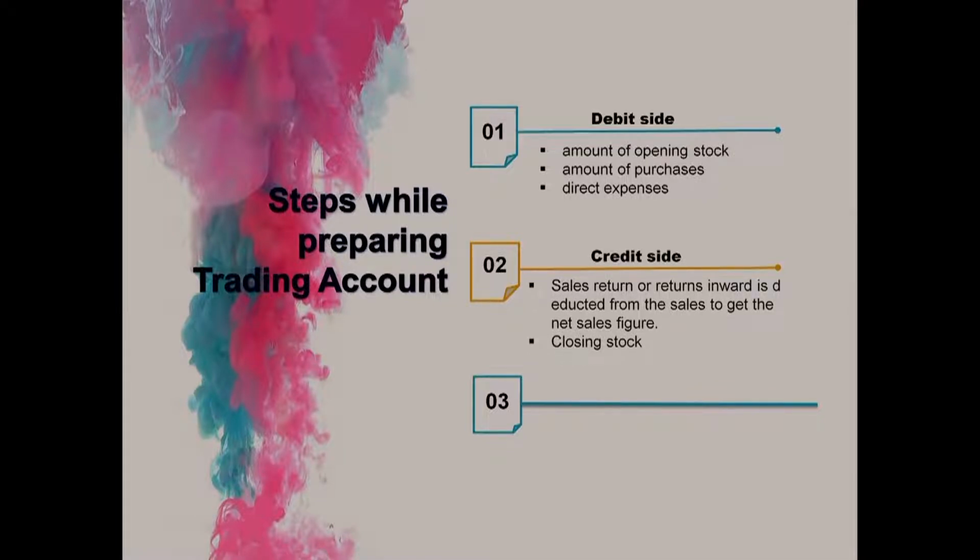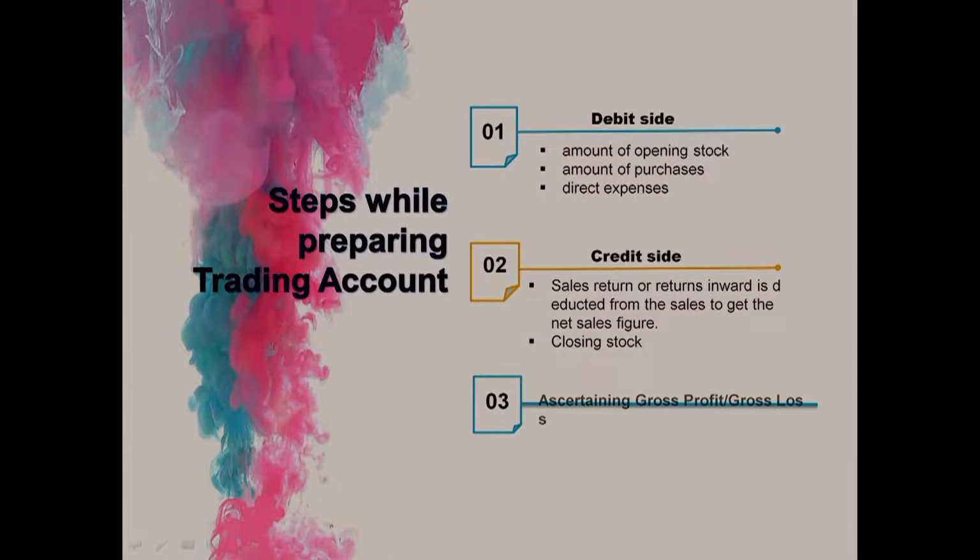Sales return or sales inward is deducted from sales to get the net sales figure. So you remember that there was cash sales, credit sales, then sales return, if any, would be deducted, and the final net sales amount would be written in the outer column. Okay. And you also mention the closing stock.